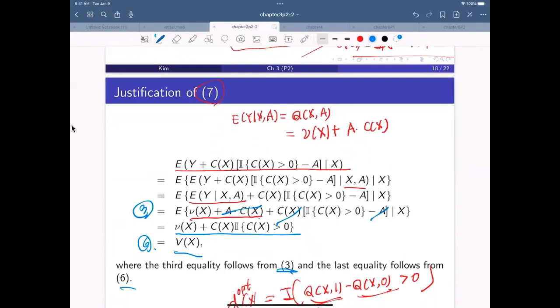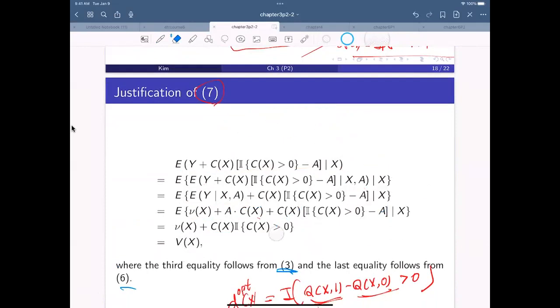Okay, so now let's try to remember how we actually prove it. Forget about all this. To prove this one equals this one, what we did is take the conditional expectation of all these things given X and A. Once you do that, this becomes QXA, and QXA is a rho X times ACX, and then we get some cancellation, essentially.